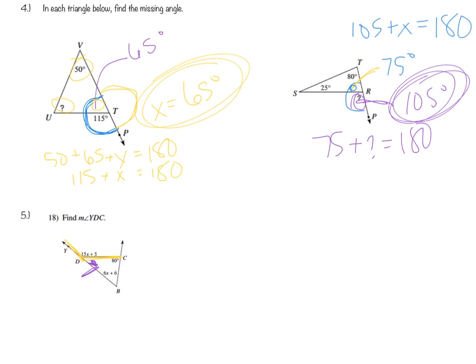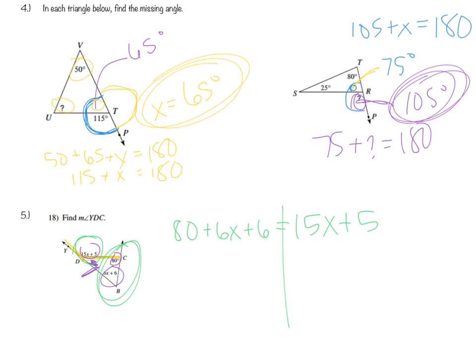So if I add this angle with 80 and this has to equal 180, but if I add this angle with this, it also has to equal 180. So what this is essentially saying is that these two values and this value have to be equal to each other. So 80 plus 6x plus 6 has to be equal to 15x plus 5, and we can solve for x.